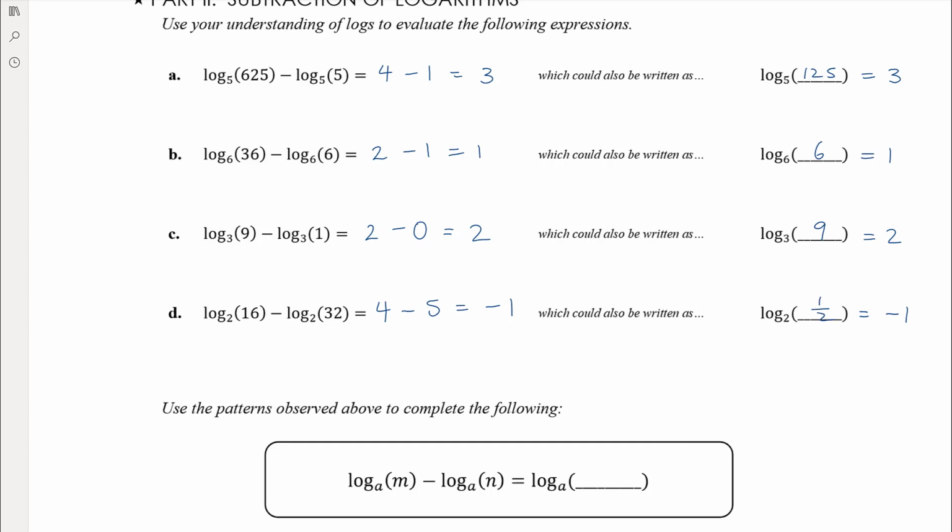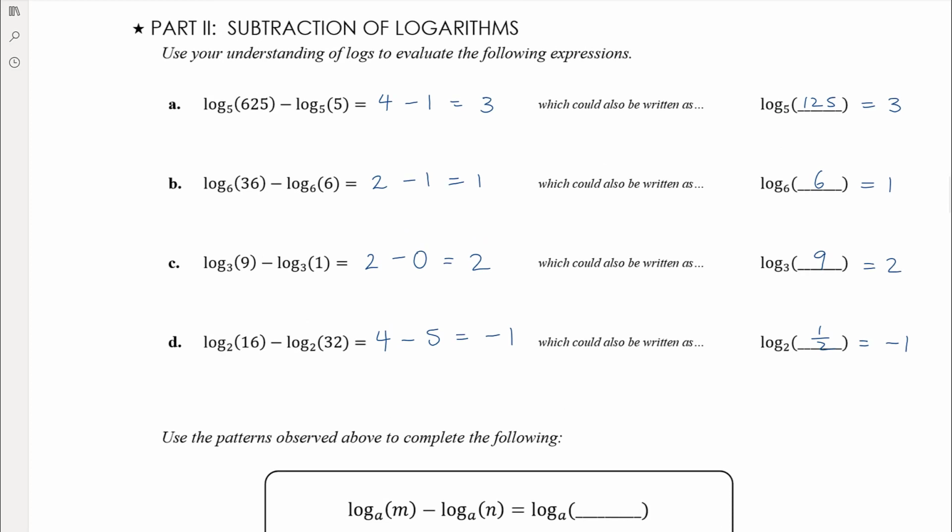So again, based on this, log base 5 of 625 minus log base 5 of 5 is equal to log base 5 of 125. They equal the same thing. This is equal to this, and this is equal to this. So the question is, how do we get from those 2 logs to that 1 log?